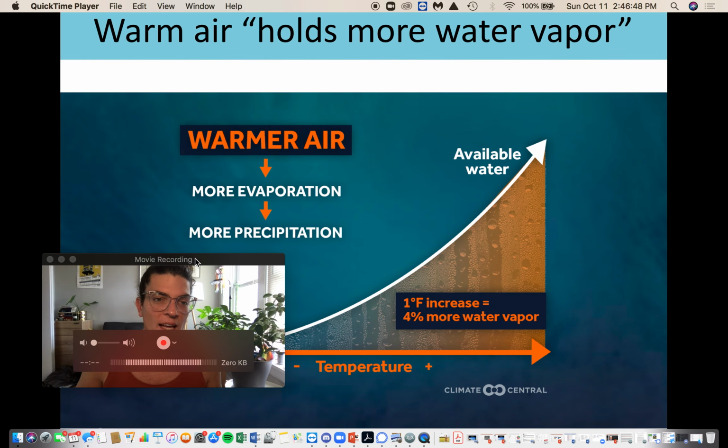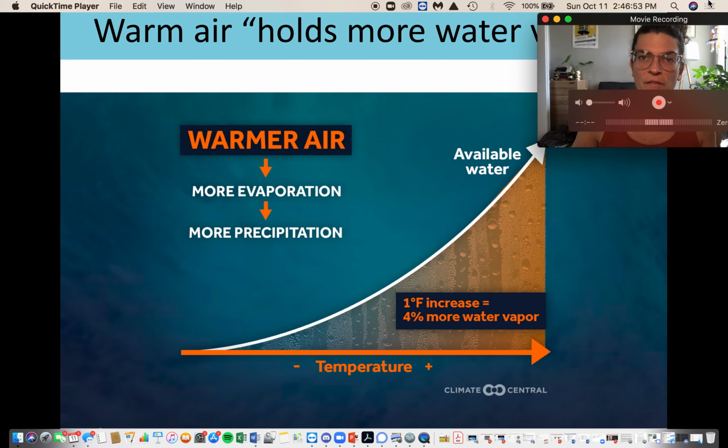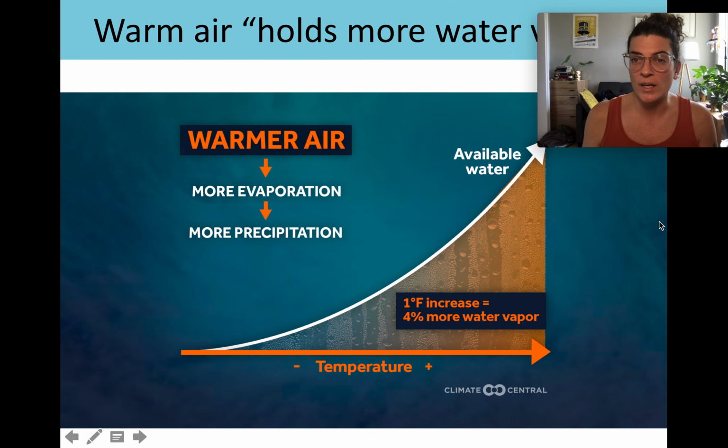So before we get to that point, let's first start with this very important concept, which is that the warmer the atmosphere is, the more water it can hold as water vapor.